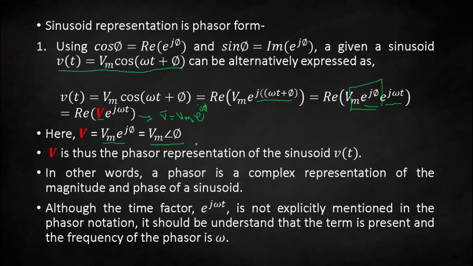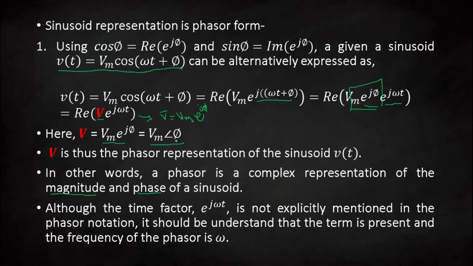In other words, a phasor is a complex representation of the magnitude and phase of a sinusoid, because it contains two terms: the magnitude Vm and the phase angle phi.